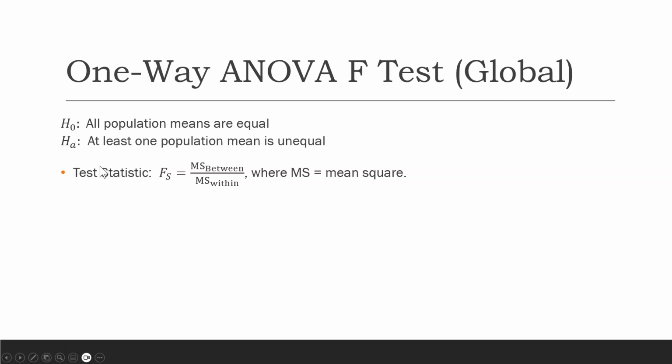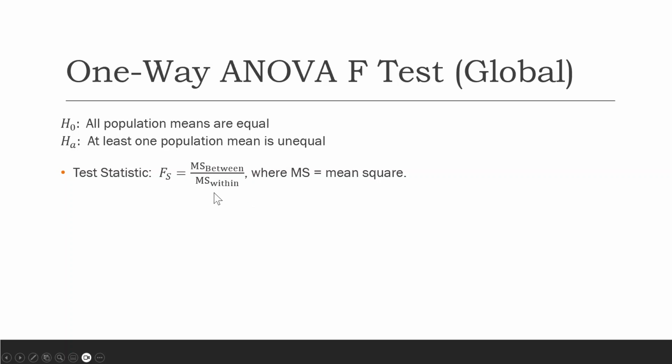But our test statistic for this test, right? We know we're going to have to gather our evidence. Our evidence comes by way of our sample information, and that is calculated based off of our test statistic. Well, our test statistic here is an F statistic, and it is just the ratio of the mean squares between groups to the mean squares within groups, right?